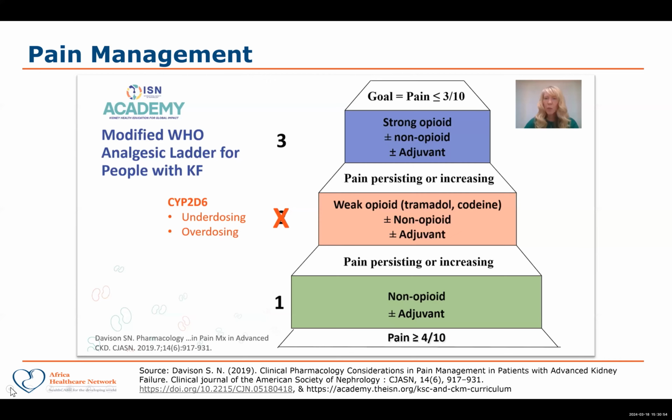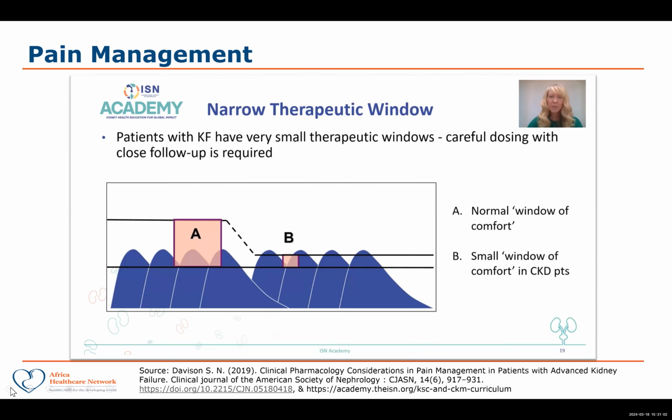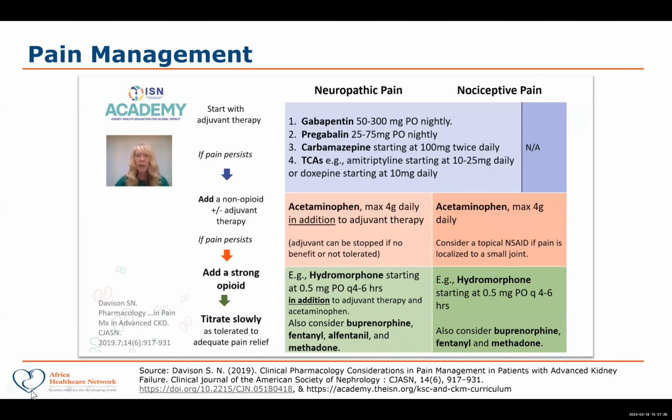For our patients with kidney failure, there is a fairly small therapeutic window in which patients experience relief from their pain, but sometimes they will experience side effects from the medication. So we need to be very careful in how we dose our patients and the medications that they're on. This is a really important slide in terms of which medications we recommend initially, and how we support our patients on this.